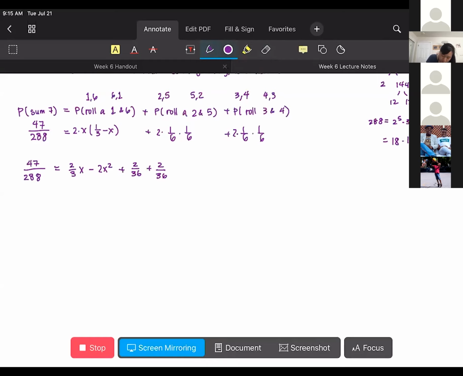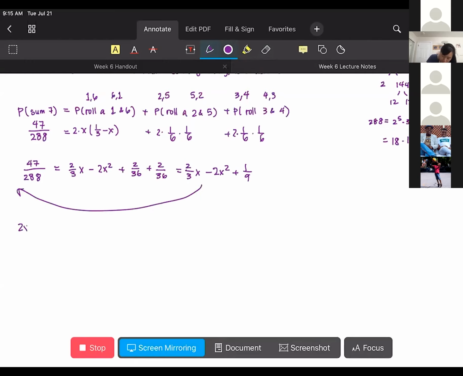And then if we write this out, this will be 2/3 x minus 2x squared plus 1/9, just 4 over 36. So now we can also do the same thing, move this to the side.